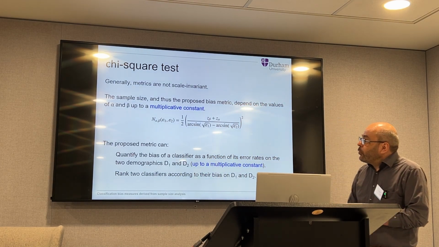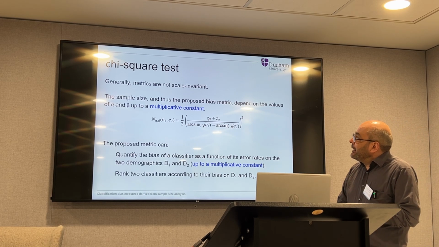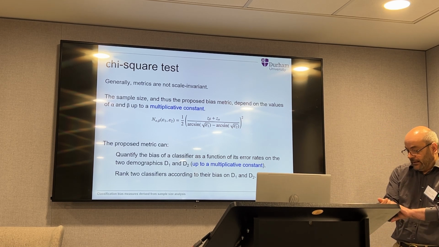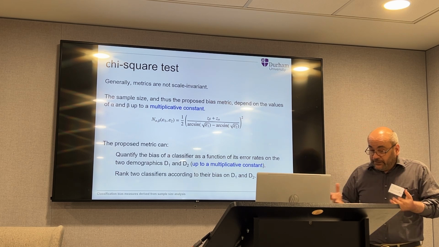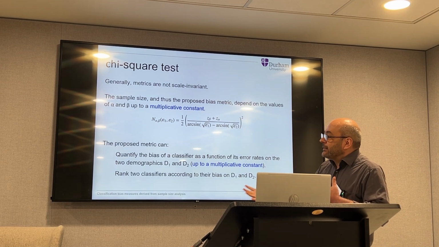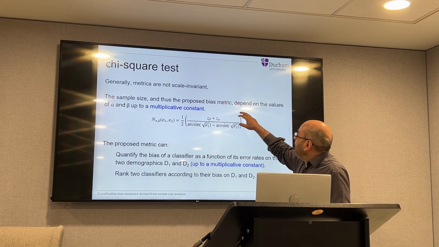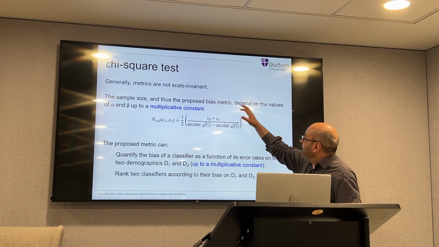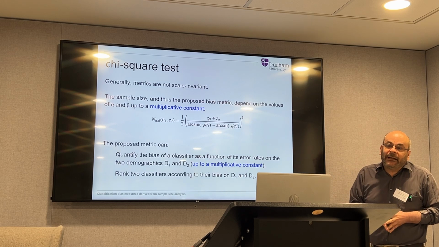One other thing is, what about the alpha and the beta? Generally, metrics are not scale invariant. Euclidean distance is not scale invariant, for example. If you mix miles with kilometers, we'll have a problem. The same here, the sample size depends on these arbitrary parameters alpha and beta, but only up to a multiplicative constant.